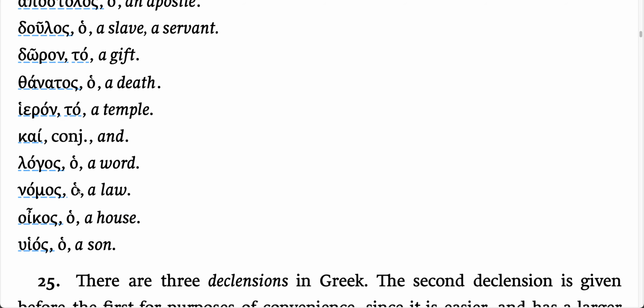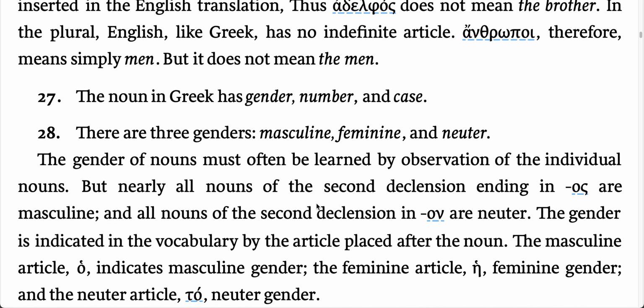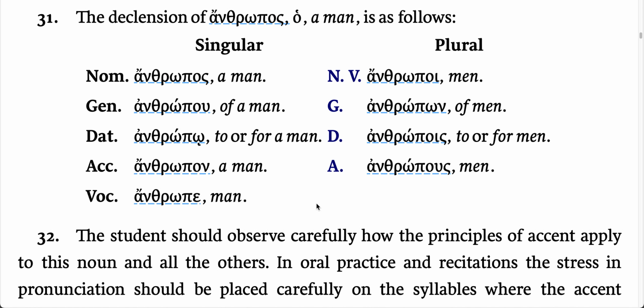But all the words here that have the masculine gender have this omicron sigma in their base form, their vocabulary form, or what we call the lexical form. The lexical form of the word is the nominative singular form of the word.